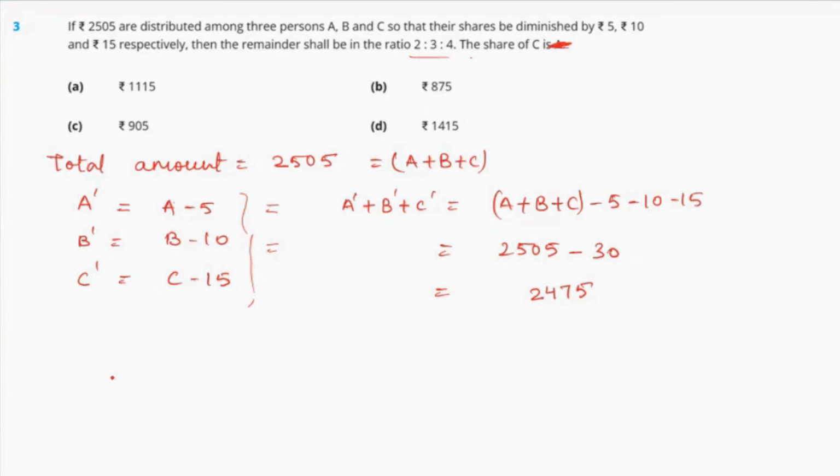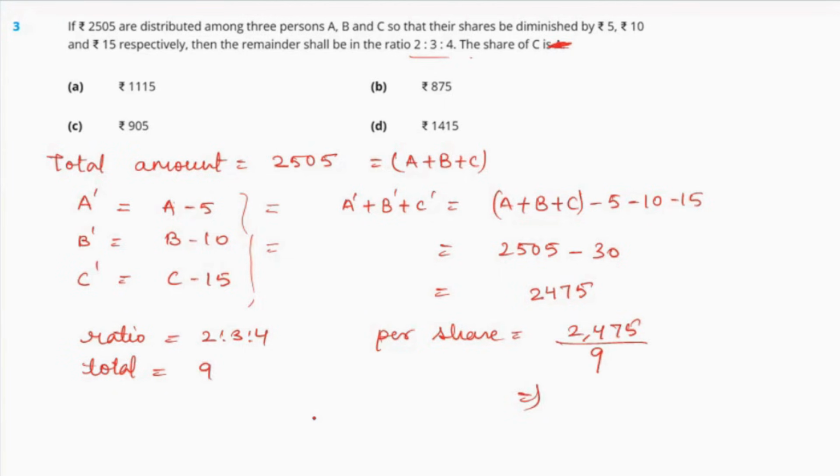Now the ratio of their remainder is 2:3:4. If we figure out the total of the ratio, we get 9. For finding the per share, we divide the amount 2475 by 9, and we get 275.